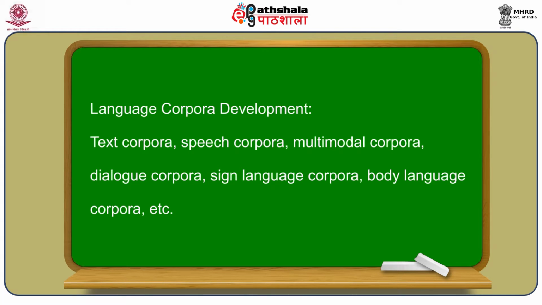Not only text corpora, but speech corpora, multimodal corpora, dialect corpora, sign language corpora, body language corpora of various types need to be developed for all the Indian languages, of various types, various content, various structure, for various types of research work.